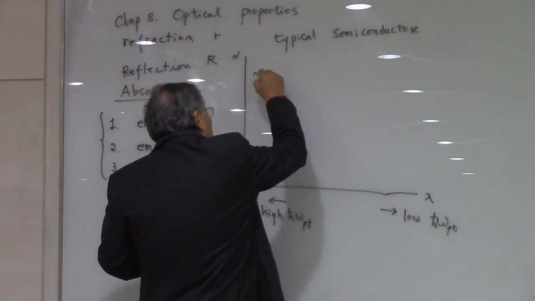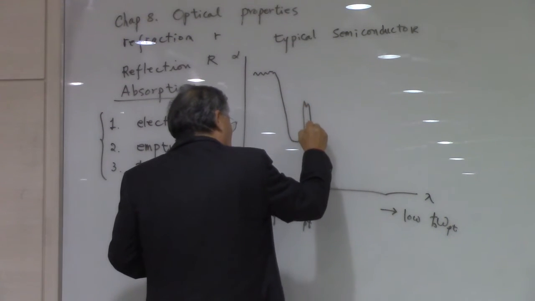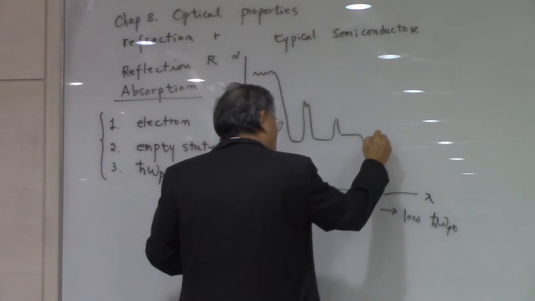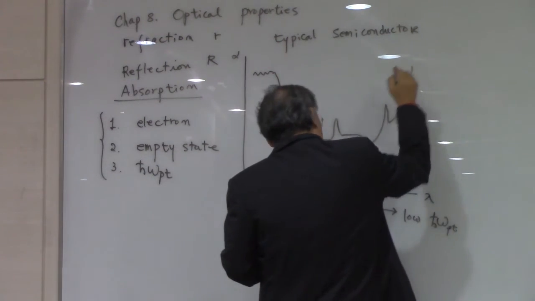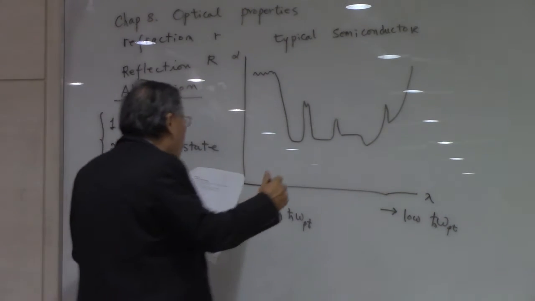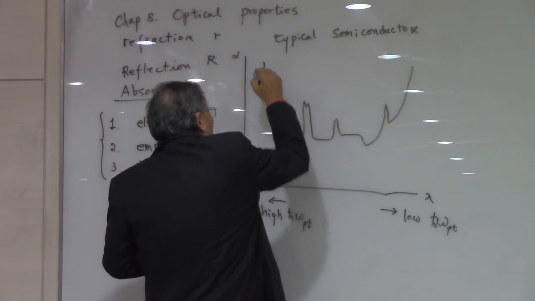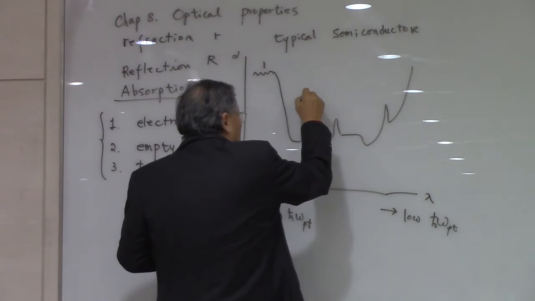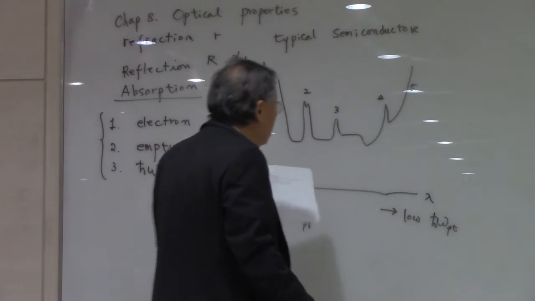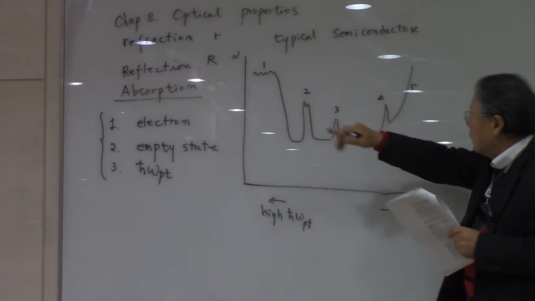Then what's going to happen? We're going to have something like this, okay? And this is number one, let's say number two, number three, number four, and number five. We can distinguish these five sections in the absorption constant.